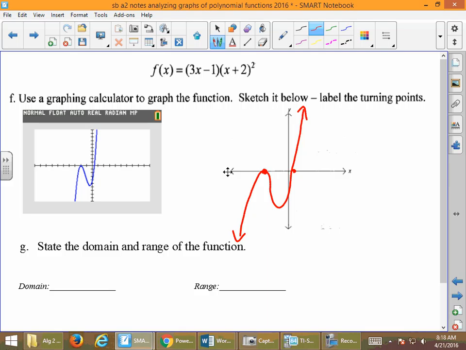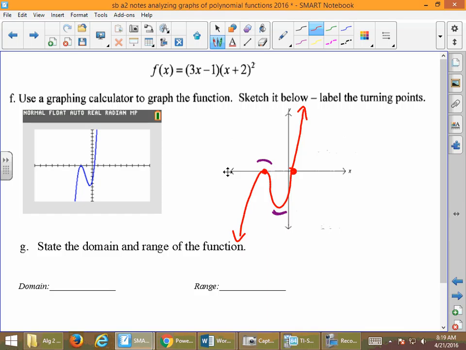My picture is a little bit ugly, but hopefully yours is better than mine. Just want to point out that here is a turning point and here is a turning point. Because we talk about maximum number of turning points, but we haven't really looked at them on the graph lately.